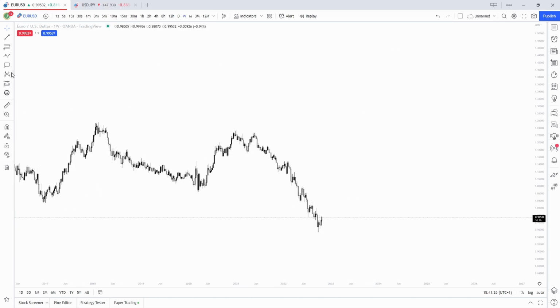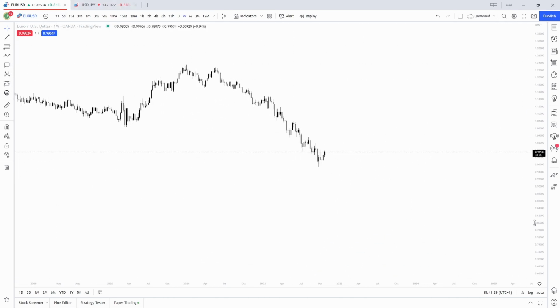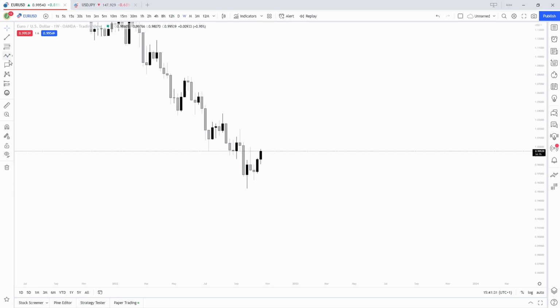So for example, if we were to simply highlight this region in the market here on the 1 week time frame, we can see a move down and a move back up.